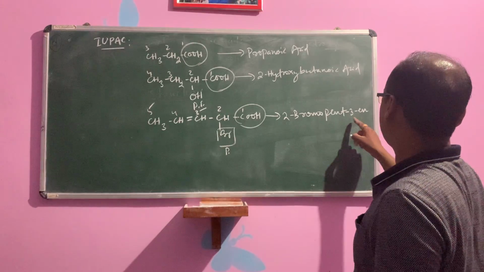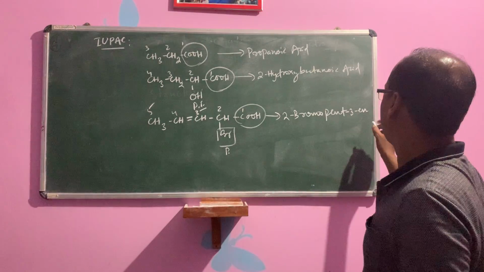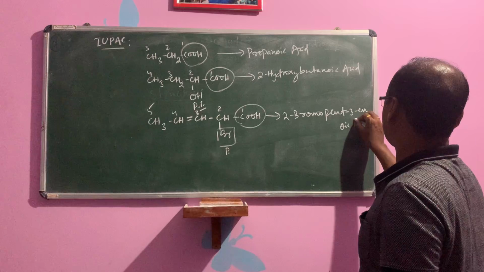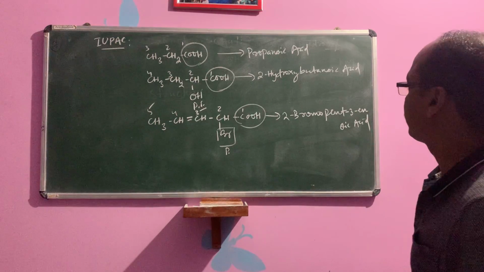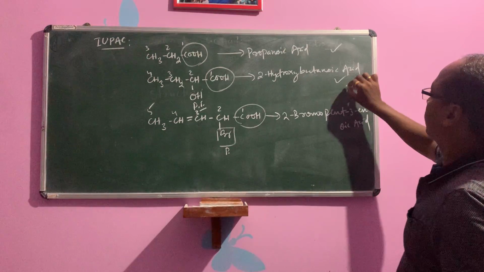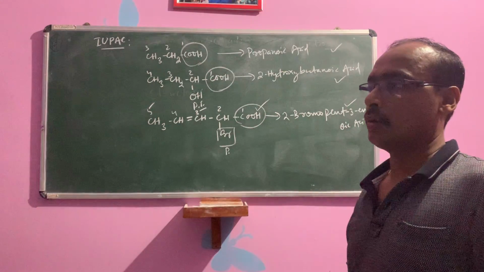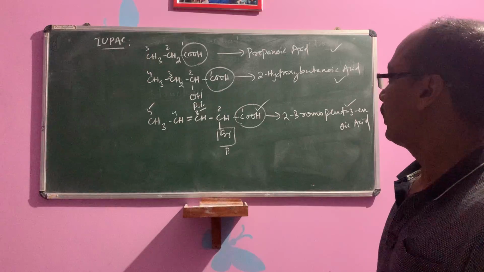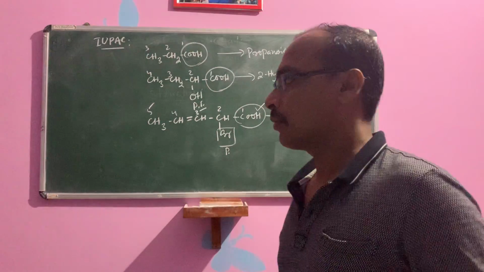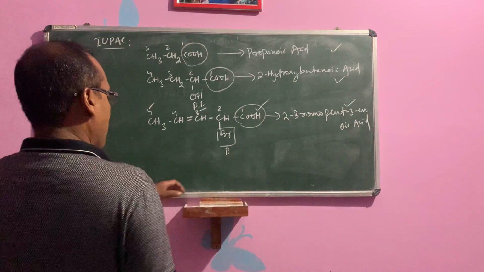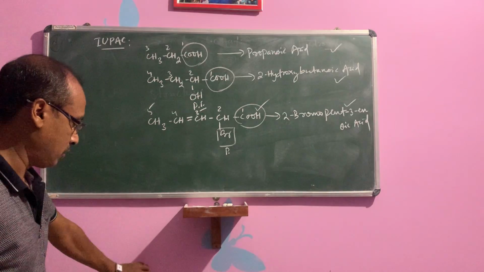So enoic acid. These are the IUPAC names of compounds containing the carboxylic COOH group. Children, like this you can practice many types of compounds and their IUPAC names.